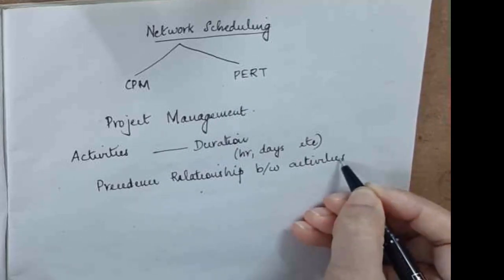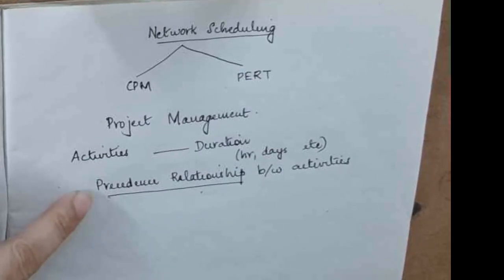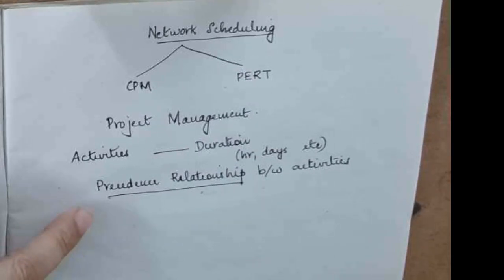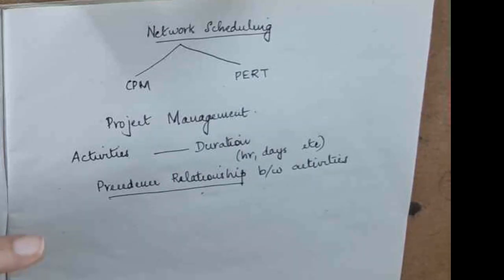What is this precedence relationship between the activities? For example, the pillar can be built only if you mix a certain amount of concrete along with certain metal. Only after acquiring those and mixing them can you start building the pillar.